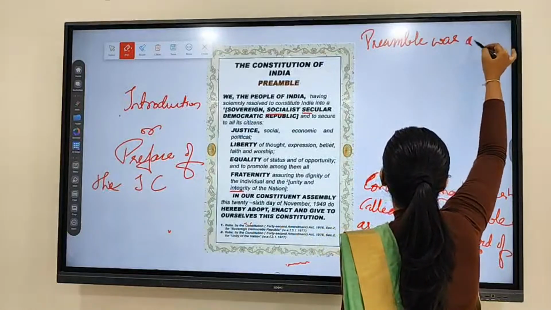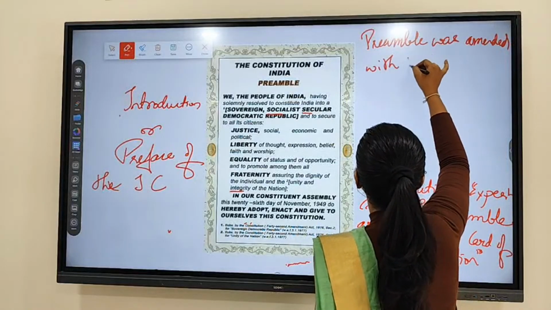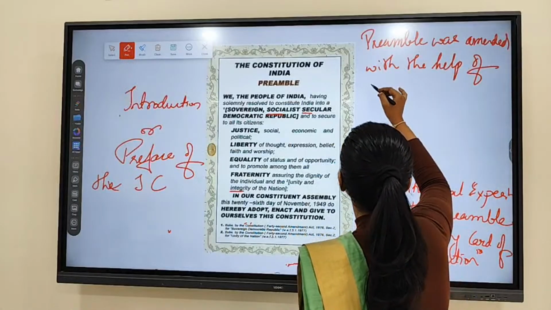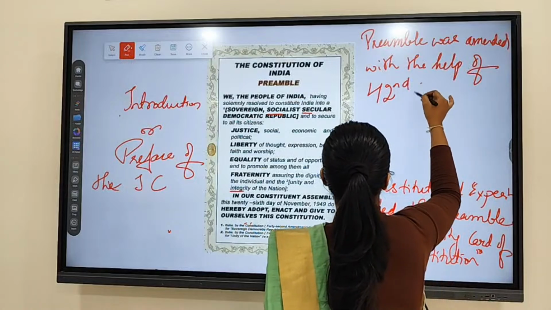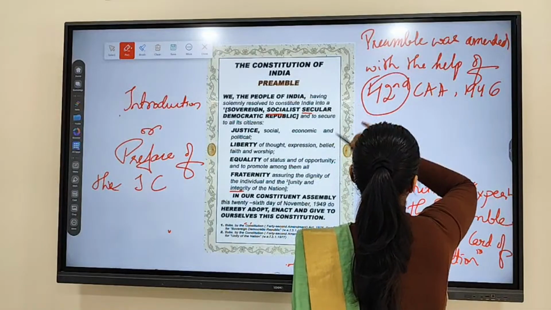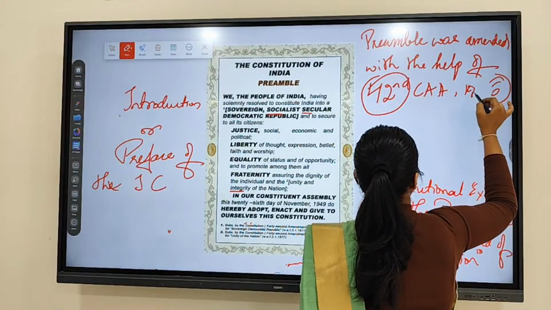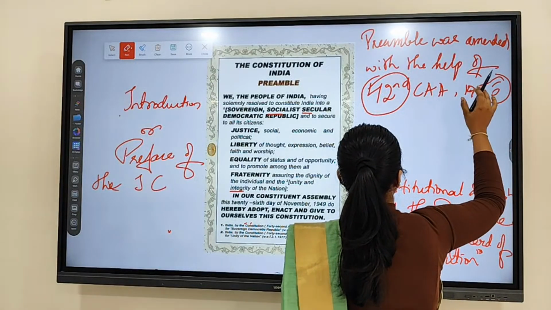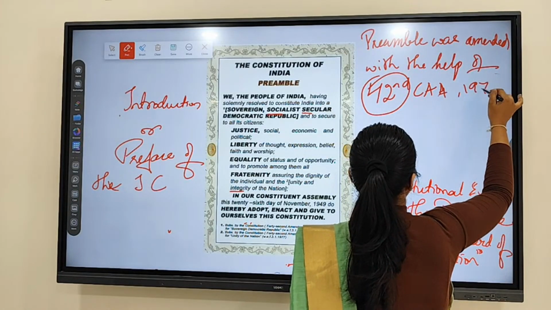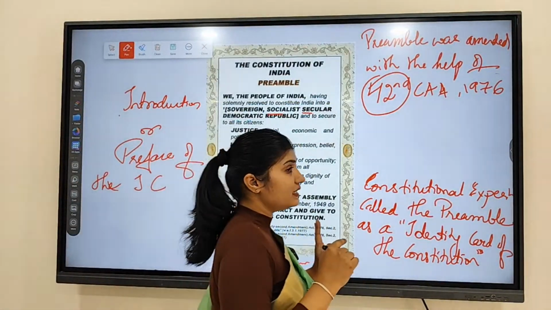Preamble was amended with the help of the 42nd Constitutional Amendment Act in the year 1976. Sorry, not 1946, 1976. 42nd Constitutional Amendment Act in the year 1976.